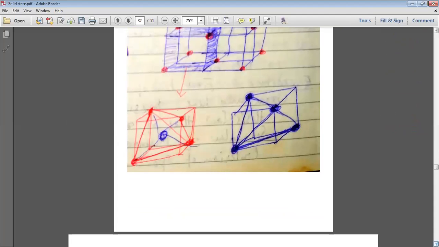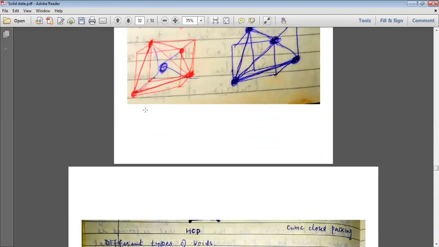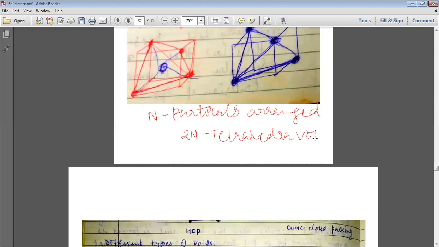Now we have studied that if n particles are arranged, we have 2n tetrahedral voids and n octahedral voids.